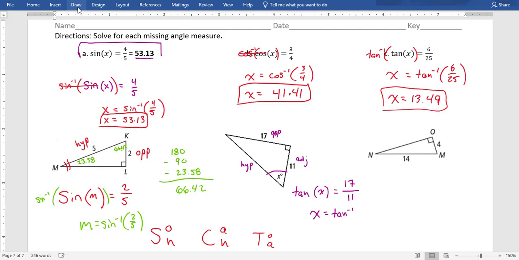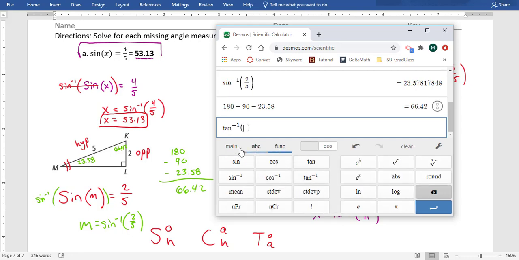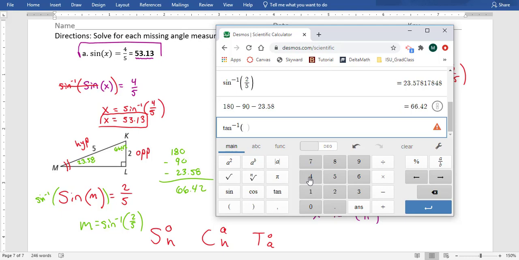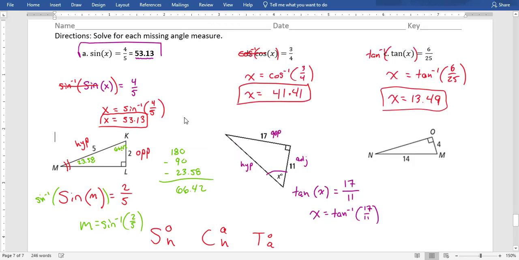And when I inverse tangent 17 over 11, I get 57.09.